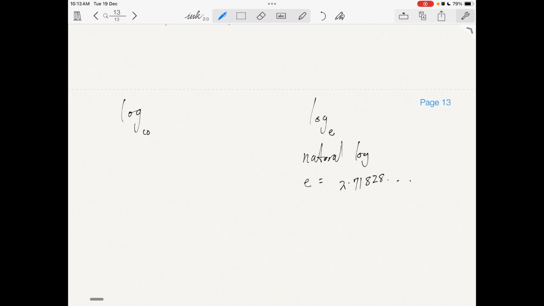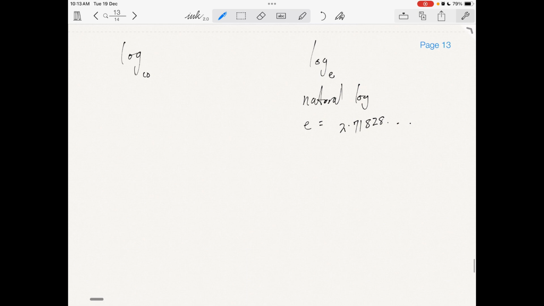So instead of writing, we can write log 10. Log 10 is very common. So if this is called natural logarithm, we can call this common logarithm.